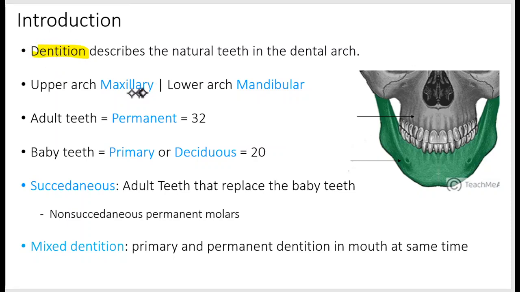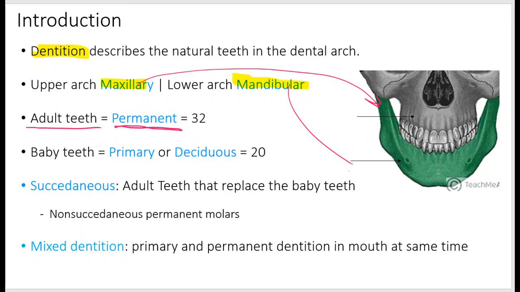We know that the upper arch is the maxillary arch, the lower arch is the mandibular one. So maxillary teeth and mandibular teeth. We know that the permanent teeth, which are the adult teeth, are 32. And the baby teeth, we call them primary or deciduous, and they are 20.